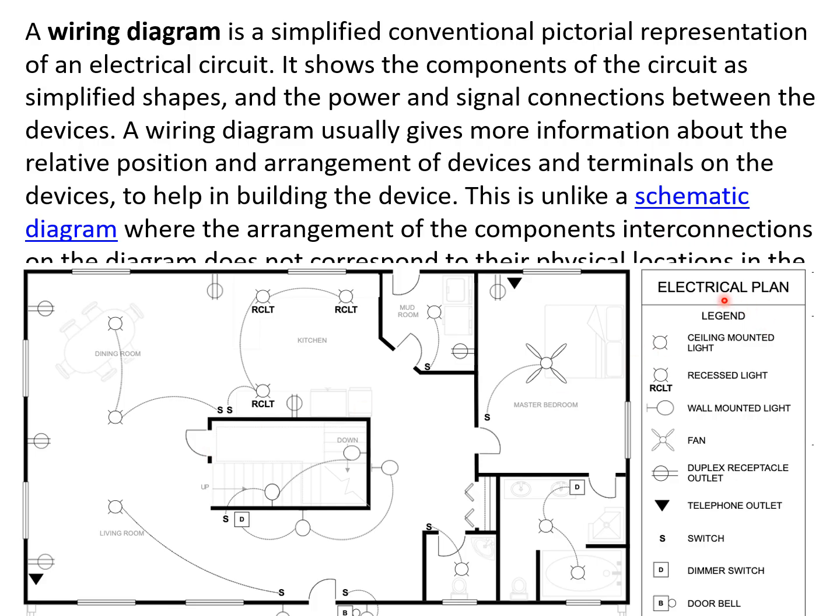With every wiring diagram, a legend is associated which shows this is a ceiling mounted light, this is a reading light, wall mounted light, fan, similar, and switch, dimmer switch, doorbell, etc.